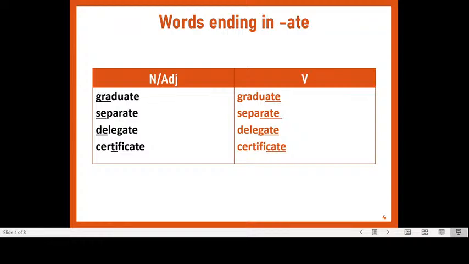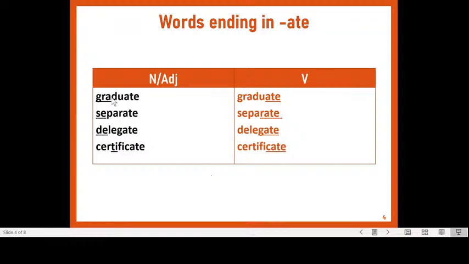Okay, now I come to a table with words that end in 8. And here, same thing. The same word is either a noun or an adjective, and it has a verb. Same word, but it's a verb. It has two parts of speech, either verb and noun or verb and adjective.